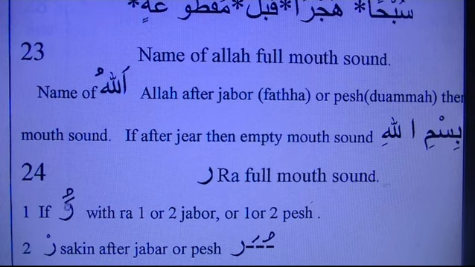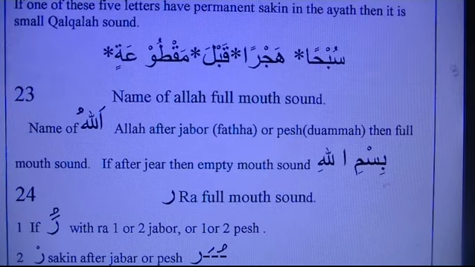That means if 2 kasra it will be empty mouth. If 2 fatha, 2 dhamma, that means 2 zabar or 2 pesh, also full mouth sound. So you have to read these things, and this book obviously is in English. If anybody wants one of these books, you're most welcome. You can contact me.